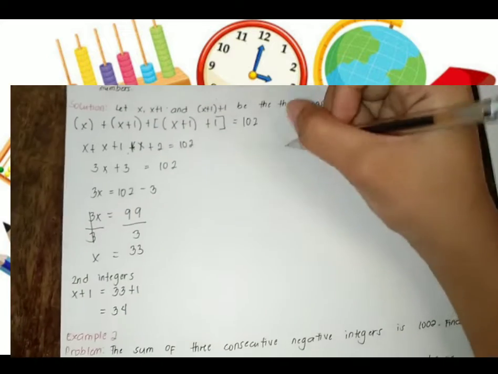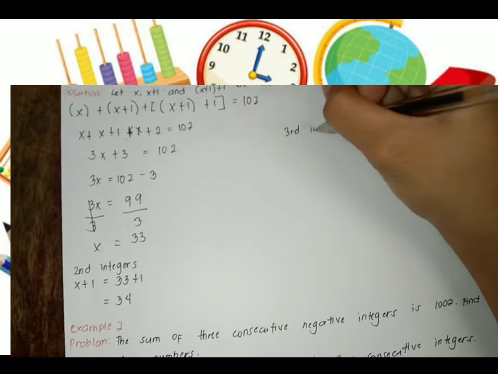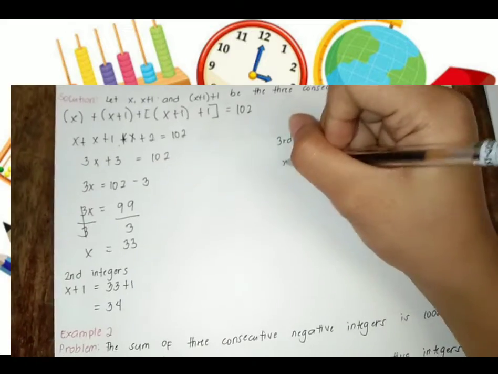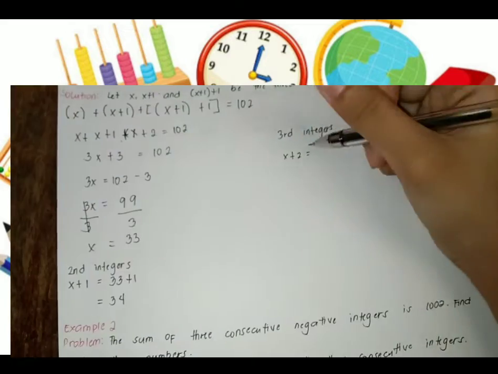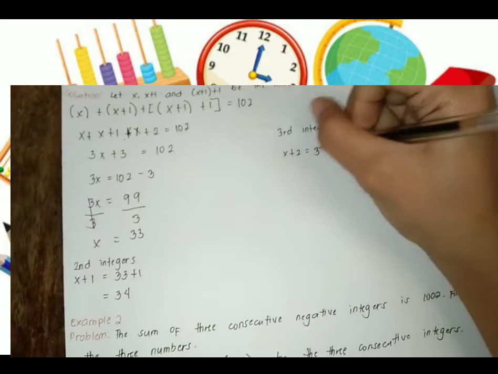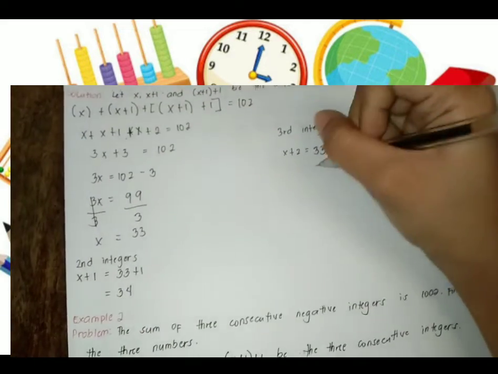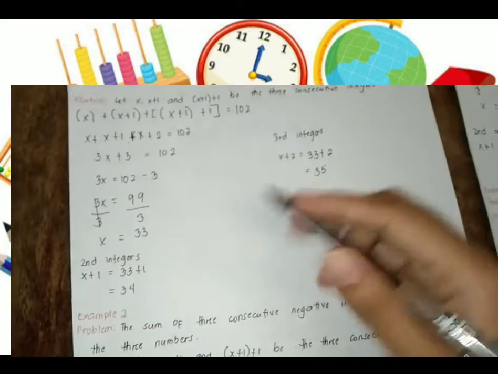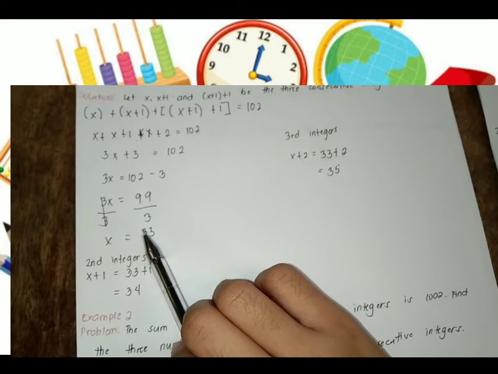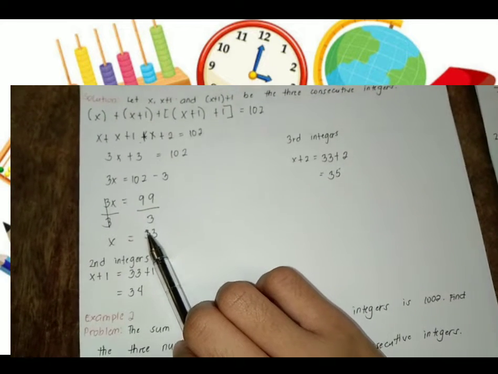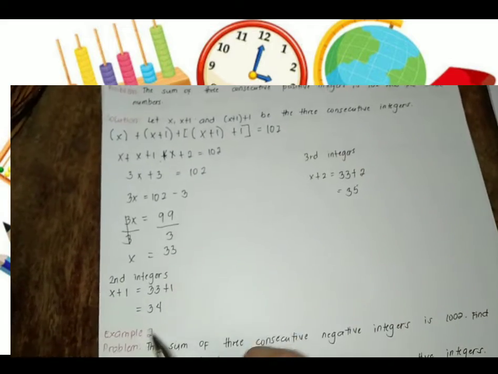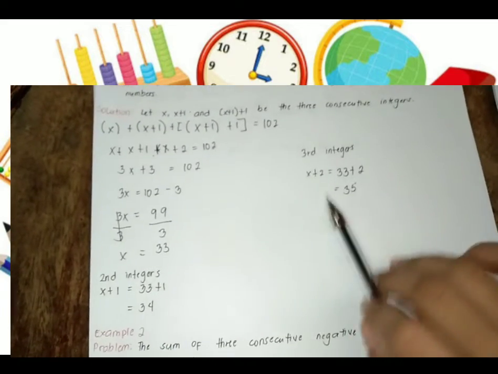Okay, so our third integer is x plus 2 is equal to, our x is 33 plus 2 is equal to 35. So these are the 3 numbers that we are looking for, the 33, 34, and 35.